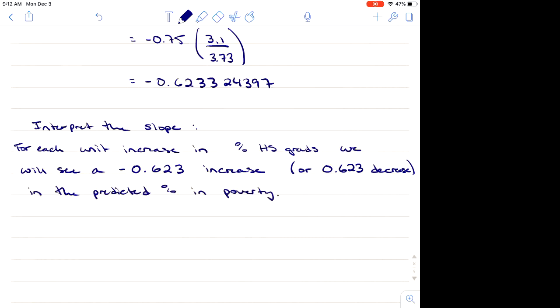Because the slope in general was for each unit increase in x, we will see a slope increase in the predicted value of y. So we just apply the definition of the slope to this problem.